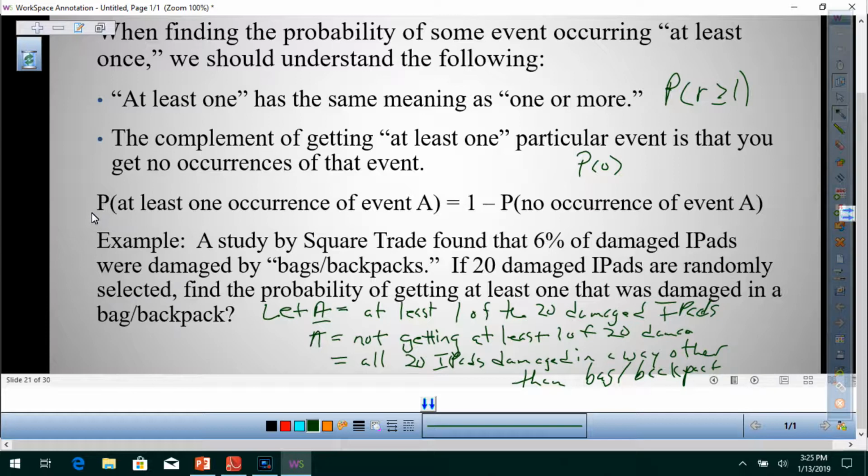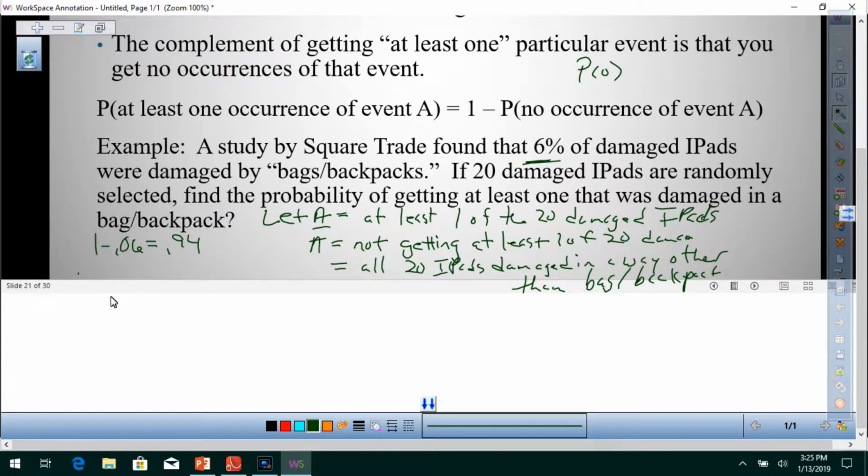So how are we going to go about doing this? Well, it said 6% of damaged iPads were damaged by backpack. So 1 minus 0.06 is 0.94.